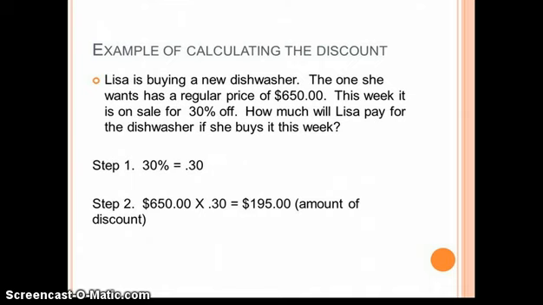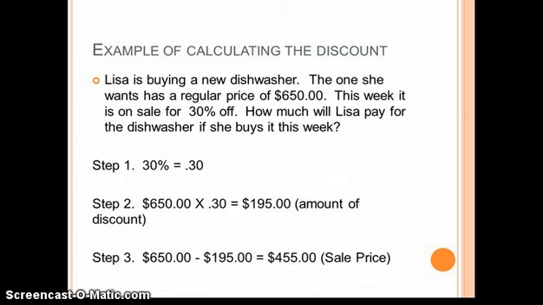And when you do that, it came out to $195. Okay? And then for the final step, you're going to take the original amount of the dishwasher, which was $650, and subtract the amount of discount, which was $195, and then you end up with $455, which is the sale price. And like I said, everyone likes receiving a discount because you save money.